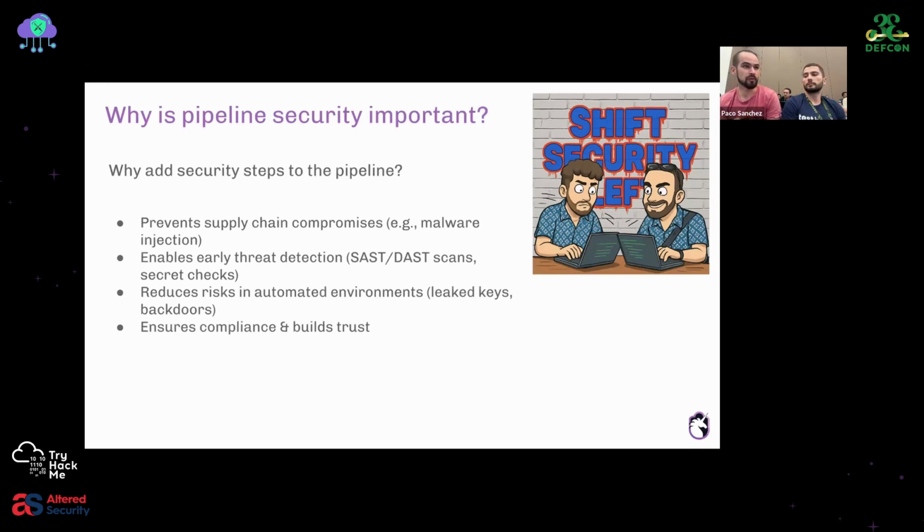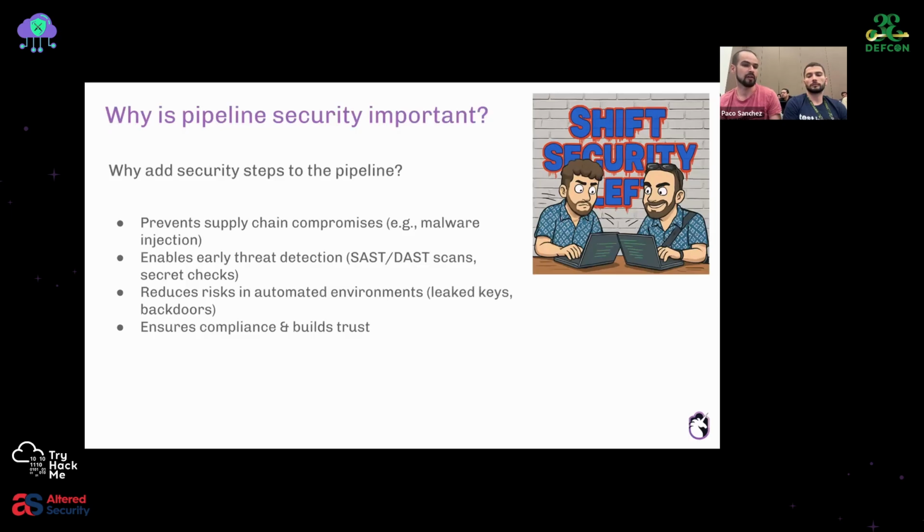It also helps your teams, because as security people, we are not there to say no to the developers. We are there to enable them to go as fast as they can, but in a secure way. So adding these steps in the pipeline helps them build secure products, and it's better to detect those issues in the pipeline and not wait for a pen test later. We don't want to be that security guy who waits for the last moment to say, no, this can't be released because it's vulnerable.